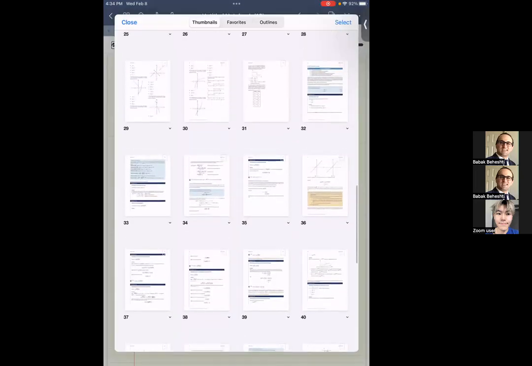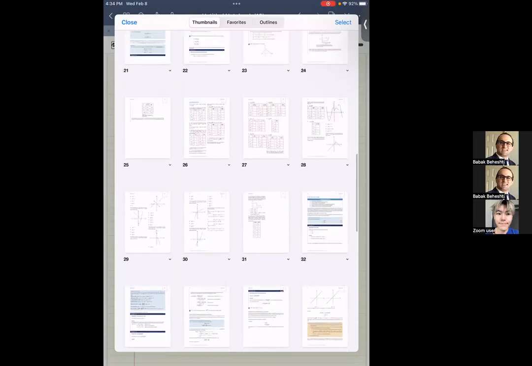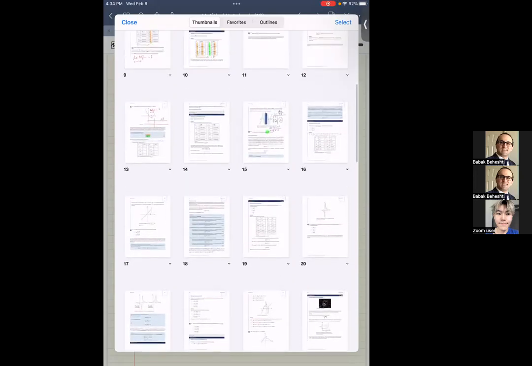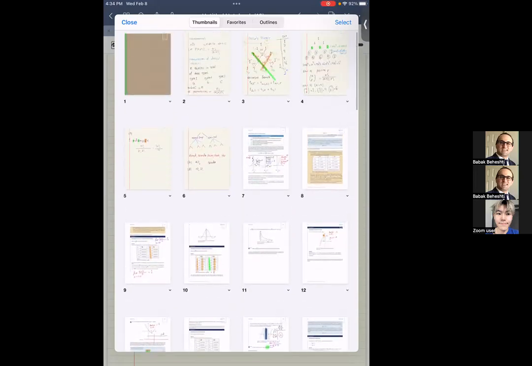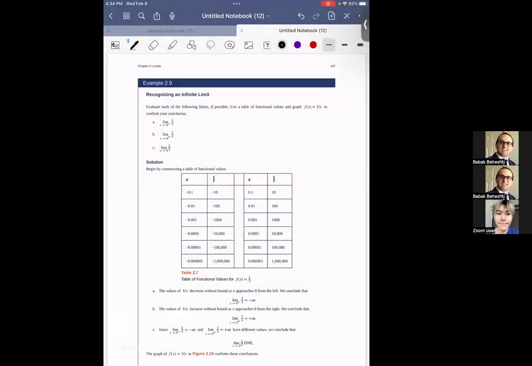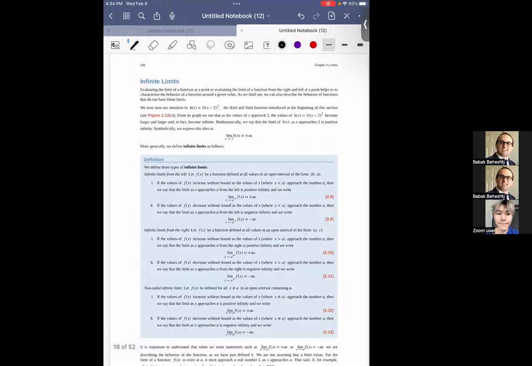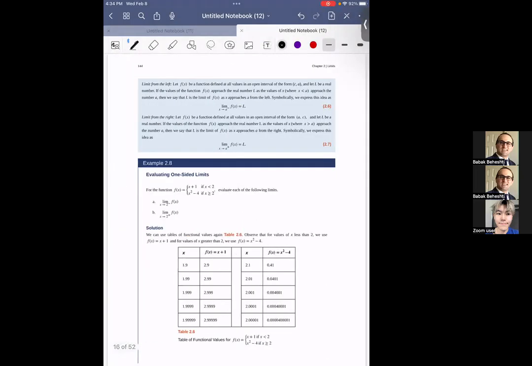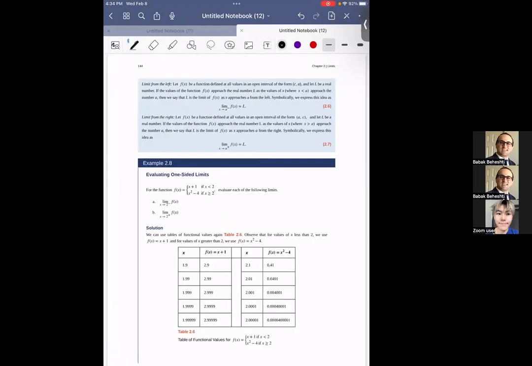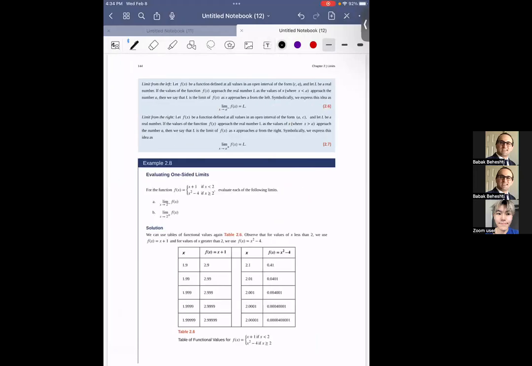Okay. Now let's go back to the topic of using graphs. Here is another good example.